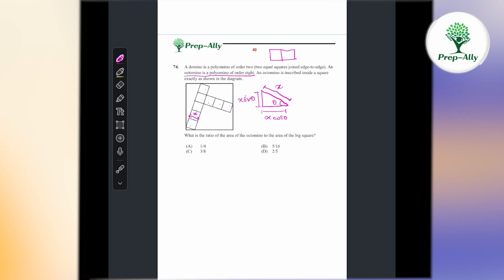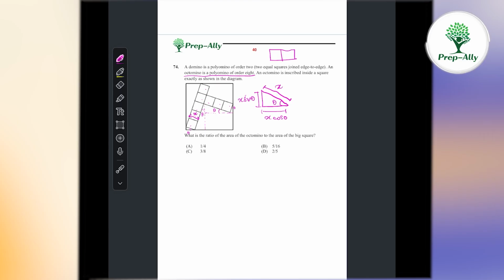right? And similarly, if this angle is theta, this angle is also theta, and this angle is also theta, right? And we consider this small triangle here, this one. This angle is also theta, right?